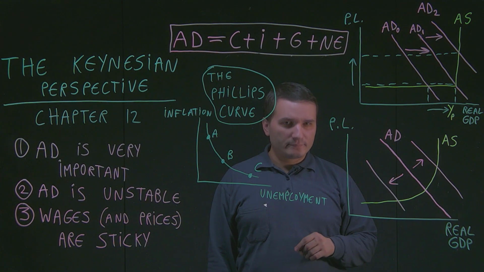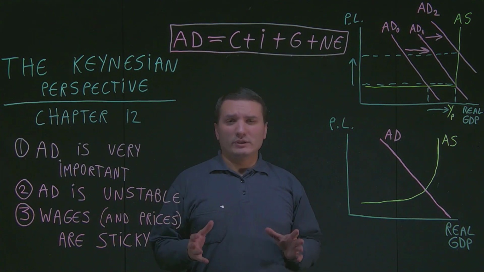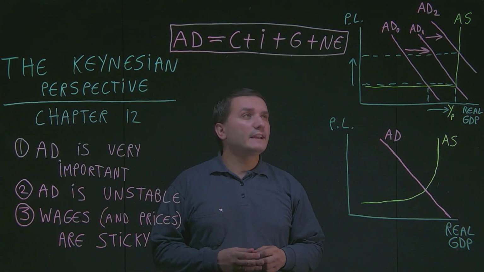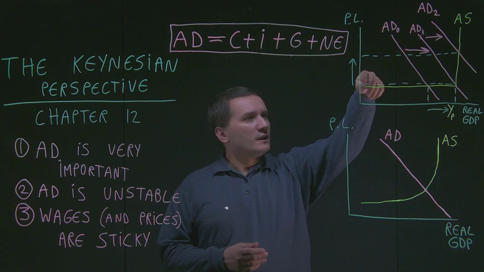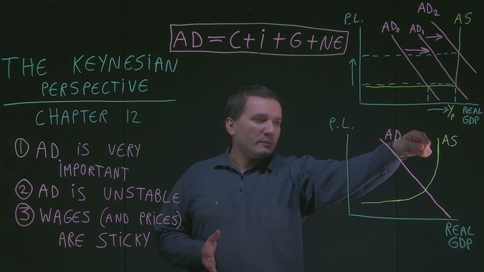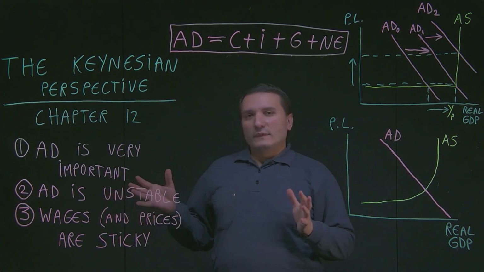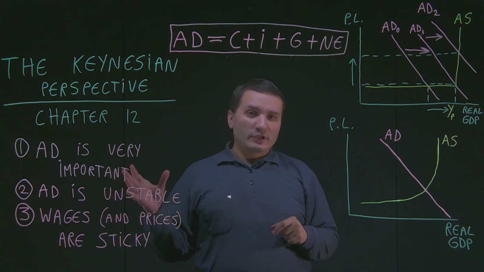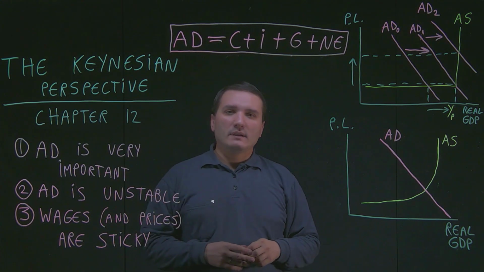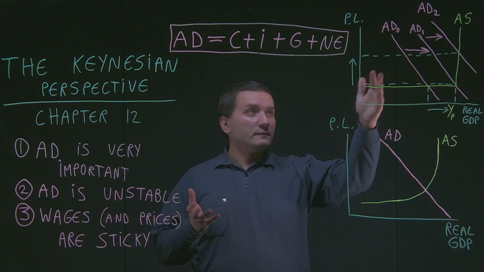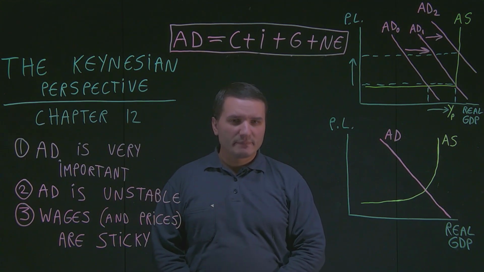Let's think about it. The Keynesian perspective is saying that because the aggregate supply curve is like that, or maybe in a more moderate version like this, the thing that really determines where we stand in the economy is, in fact, the other curve, aggregate demand.